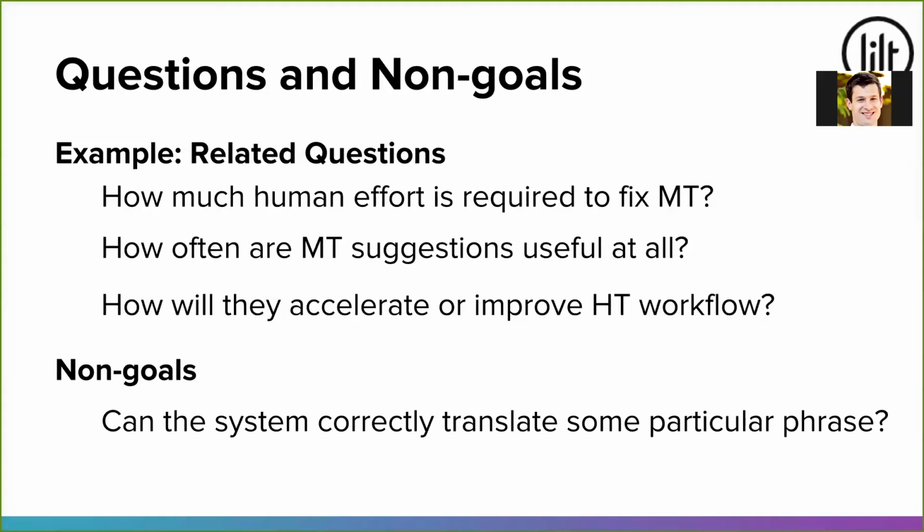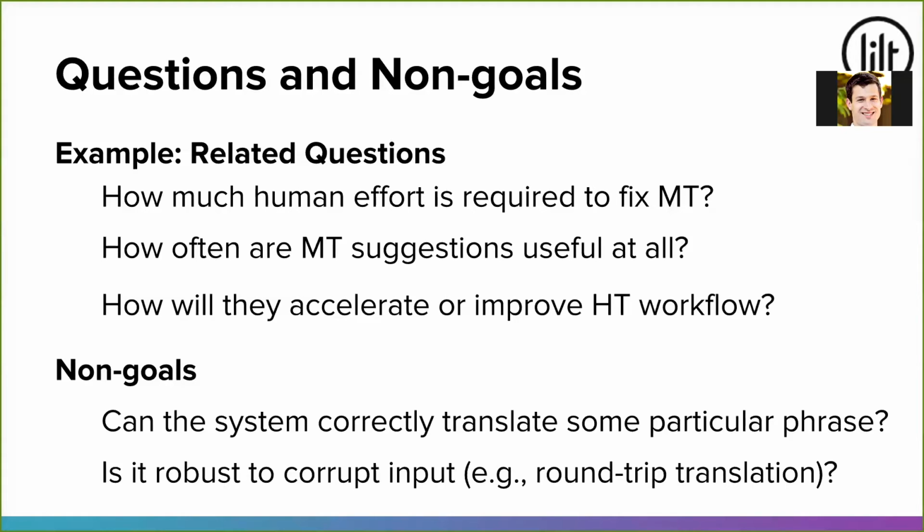There's a specific reason why they do that, and it doesn't have to do with being concerned with particular words and phrases. It has more to do with the way experiments are run, so that you can make large assertions about classes of systems, that one is better than the other. Another non-goal that people don't really look at with machine translation systems is, is it robust to corrupt input?